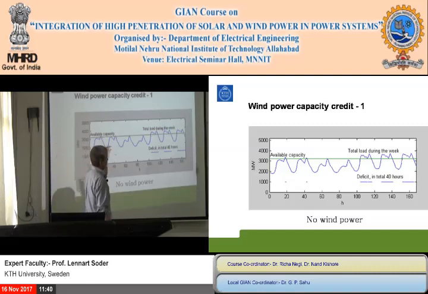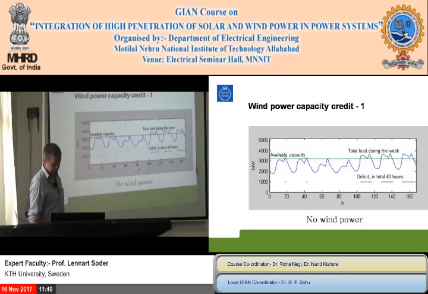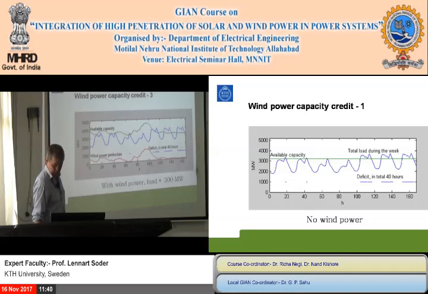Okay, so this is one case. Here we have a deficit in total of 40 hours. And then we get wind. Now we put in wind. The wind is the red thing here. What you see is that wind is sometimes increasing the production, but not always.